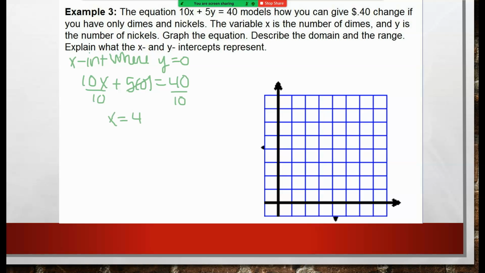So in this case, we get x equals 4, and x represents number of dimes. So what that means in terms of explanation is that if this problem is talking about giving change, we have an example where we give 4 dimes and 0 nickels.